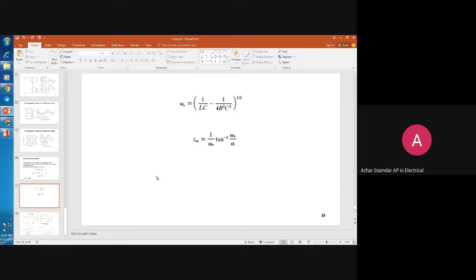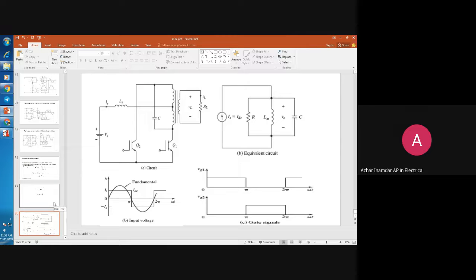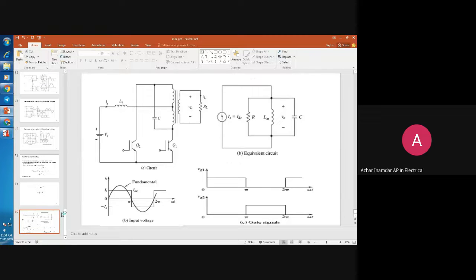So this is a basic introduction to the parallel inverter. Tomorrow we are going to have a look at the numericals regarding series and parallel, and the different types of parallel if possible.